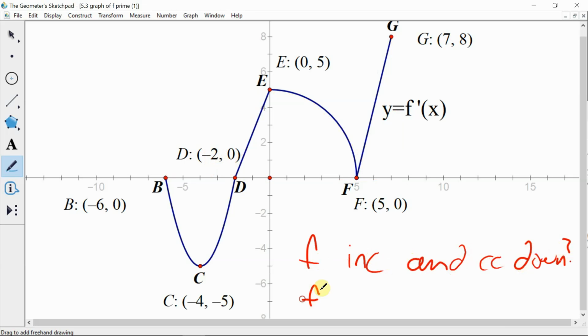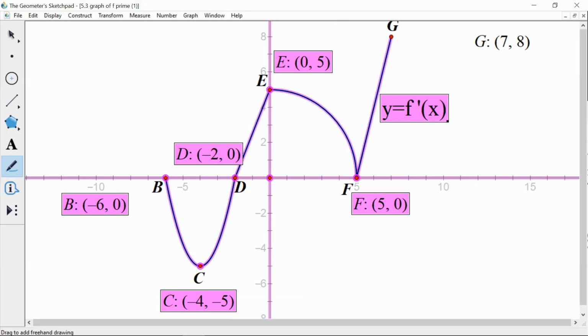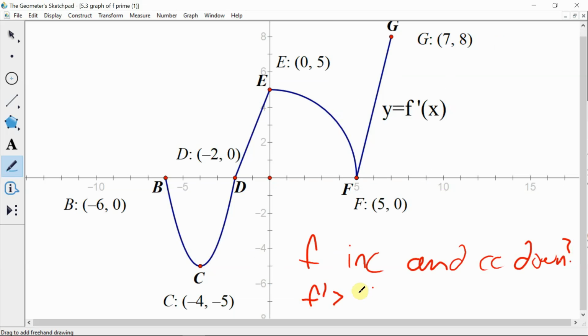So I should be looking for f prime positive. Sorry, I didn't mean to delete that. Okay, so f prime should be bigger than 0. That will mean f is increasing. So I should be looking at those parts of the graph again.